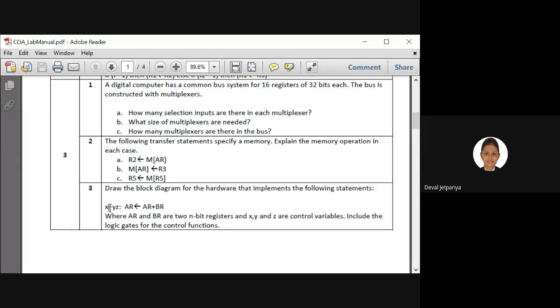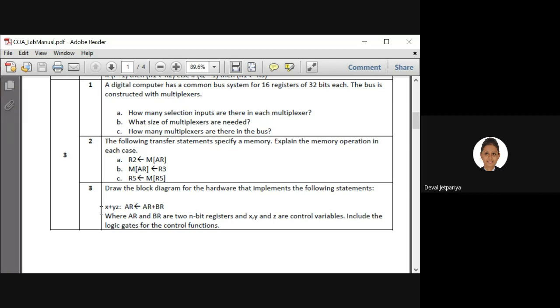But whenever we are transferring a load to this address register, that we can give in terms of a control signal. For example, suppose we pass control input like 0, 1 or 1, 0 or something else. At that time, we need to enable the transfer.